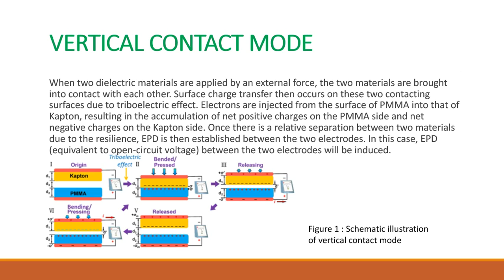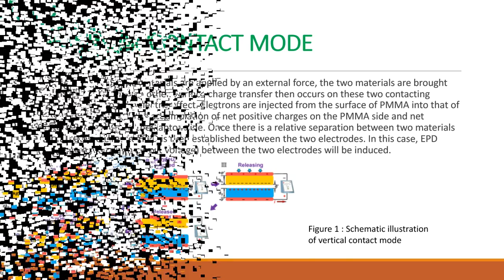Electrons are injected from the surface of PMMA into that of Kapton, resulting in the accumulation of net positive charge on the PMMA side and net negative charge on the Kapton side. Once there is a relative separation between the two materials due to the resilience, an electric potential difference is then established between the two electrodes. In this case, the potential difference, equivalent to the open circuit voltage, will be induced between the two electrodes.